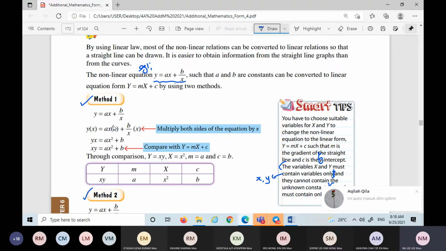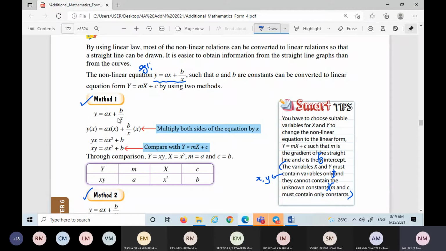So I try to eliminate this, therefore I multiply by x. Therefore my c has no x and y. This is the purpose. You have to do something to meet this purpose. If you don't know the purpose, you don't know what you want to do, then how are you going to start? So you have to know what your purpose is, what you're going to achieve. Only then will you know how you want to achieve it. So you see here, I will see it this way, because y equals mx plus c.